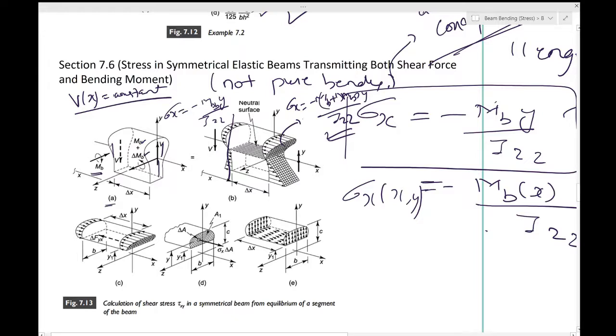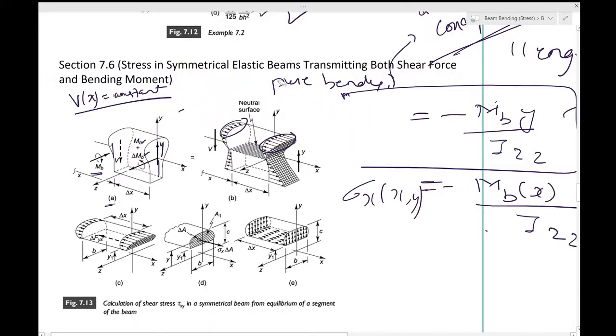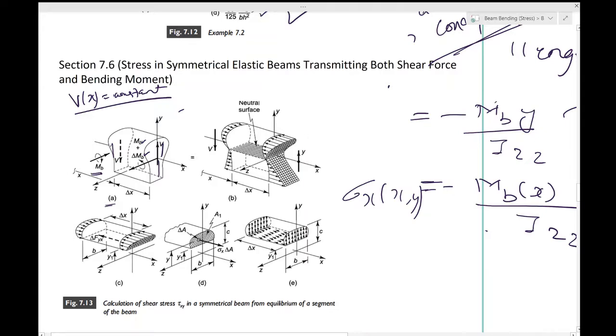Because the contribution is coming from this delta mb term, this is larger than this in magnitude. Over here also this is larger compared to this.